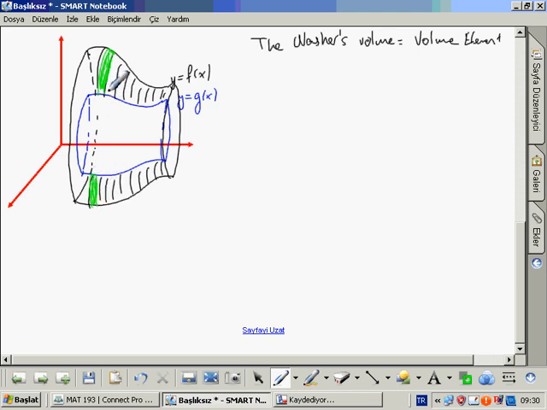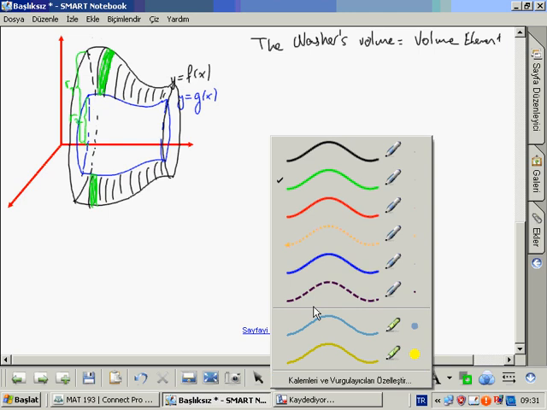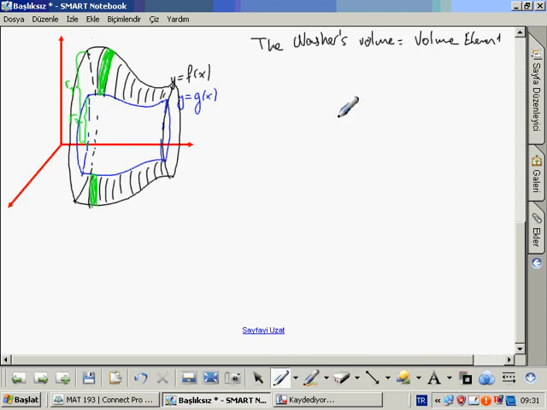There is a hole, as you see, which can be illustrated by the blue g of x revolution volume, I'm sorry. Maybe this radius is R2, you can assume that, and this radius is R1, so easy to understand.